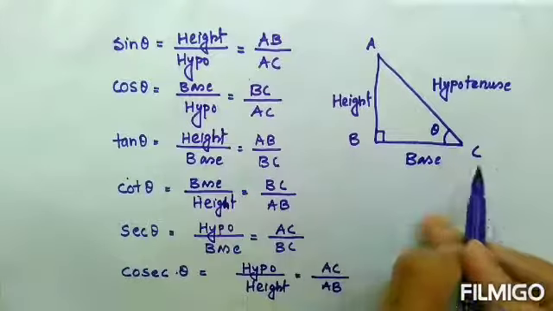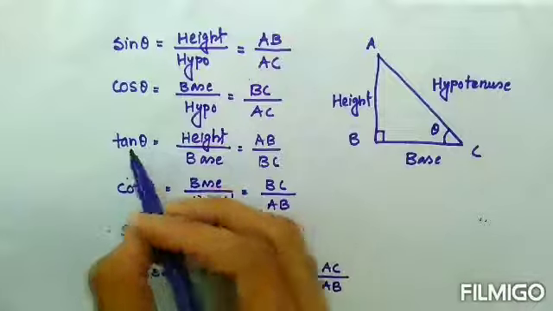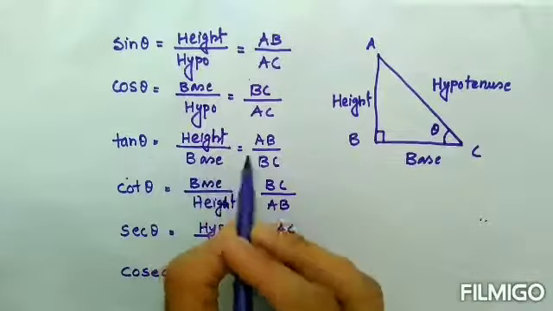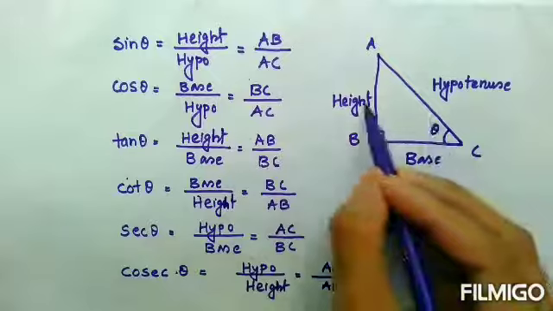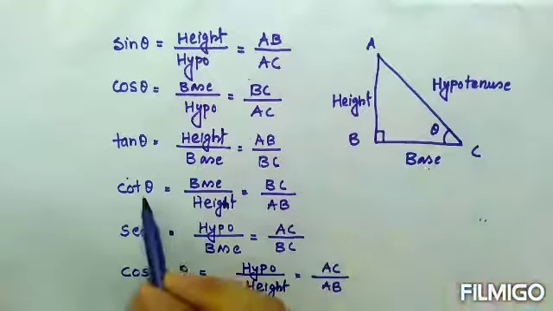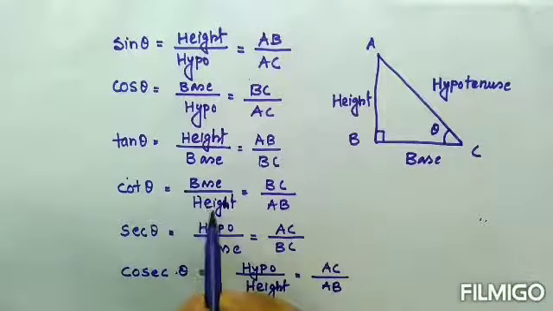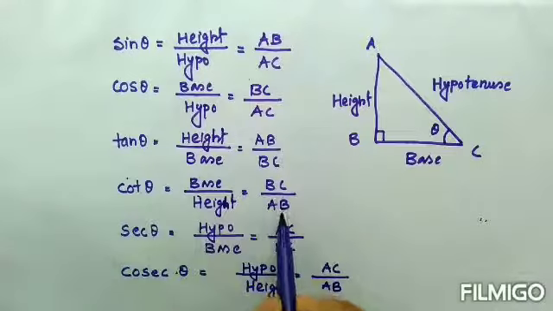This is BC and this is AC. Similarly, tan theta is equal to height by base is equal to AB by BC. Cot theta is equal to base by height, that is equal to BC by AB.